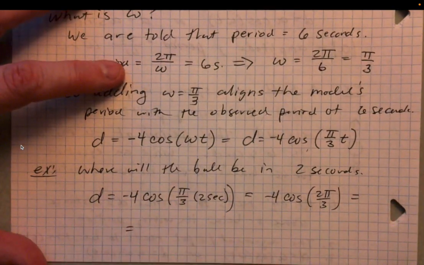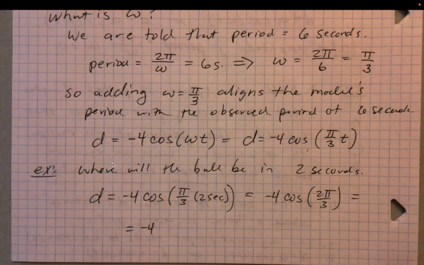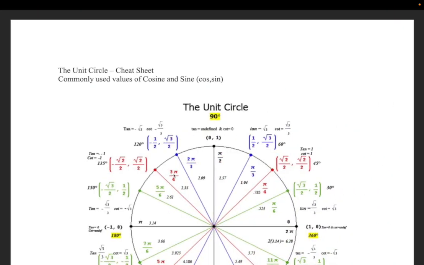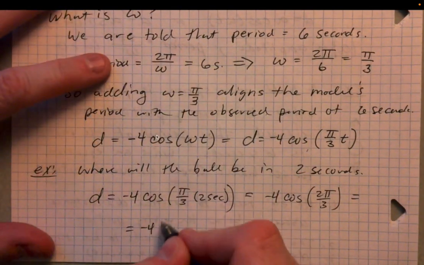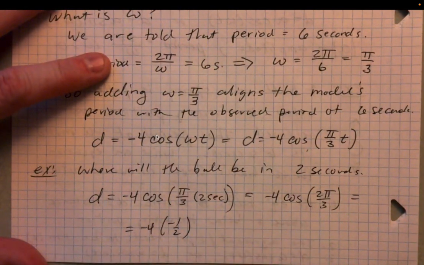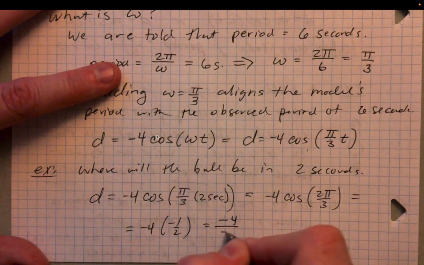All right, and I can go look that value up. Cosine of 2 pi over 3 is something that you'll find on your unit circle. And so 2 pi over 3 is up here, and you get -1/2. And so we can just plug that in here, and you'll see that I get, what? Do I get -4 over -2?